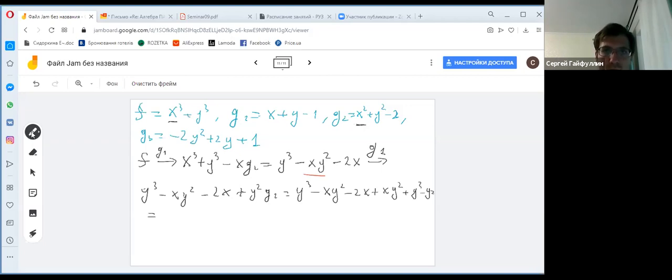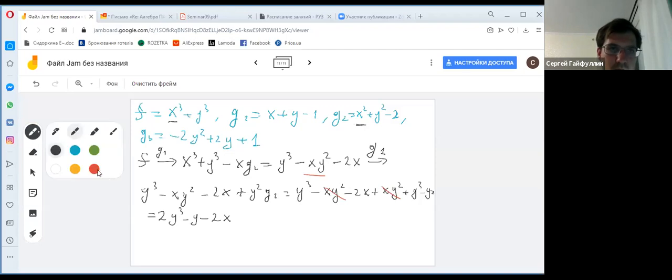And now this and this is 0, and I obtain 2y cubed minus y minus 2x.